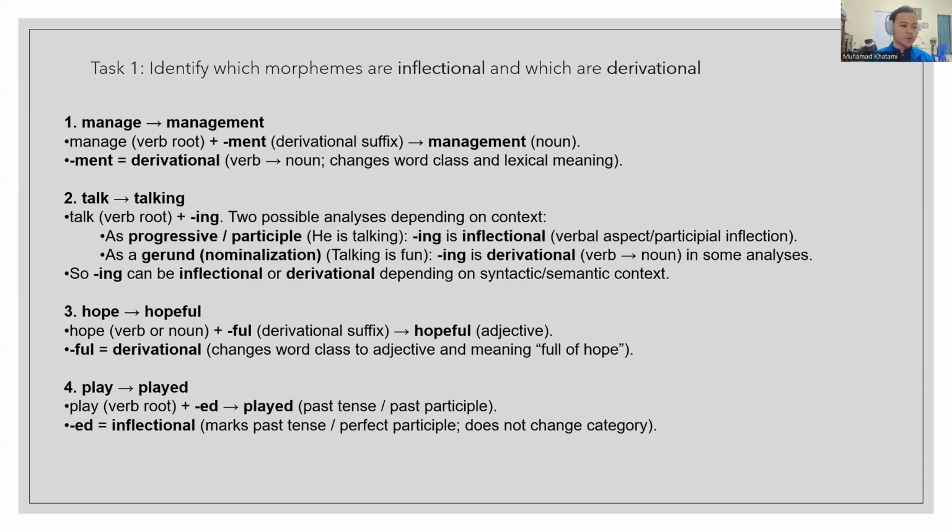And the last one is the word play into played. The root word is a verb, play, with the added suffix of ed. It changed the word into a past tense or past participle, which makes this inflectional, since it doesn't change the meaning. It just changes it into a past form.